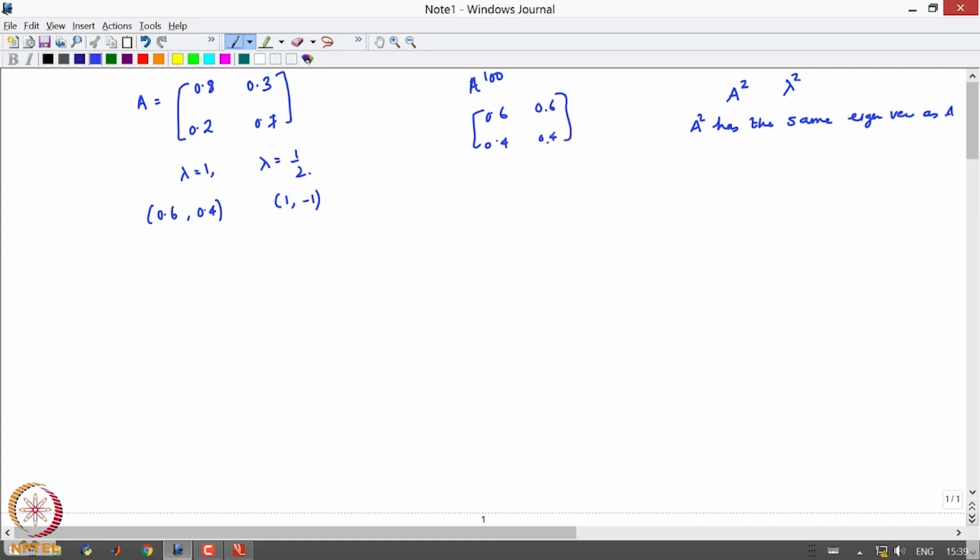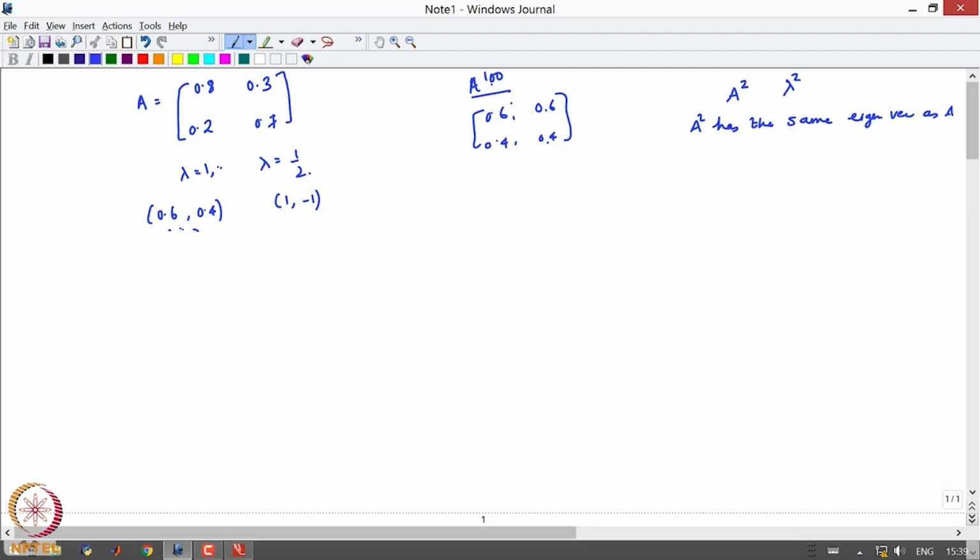If I were to make a wild guess of how to compute A power 100 or higher powers, as the powers get larger and larger, the columns converge to the eigenvector corresponding to the eigenvalue lambda equal to 1. And lambda equal to 1 was also an eigenvalue in that wireless sensor network problem. Now, we will do a little proof for this.